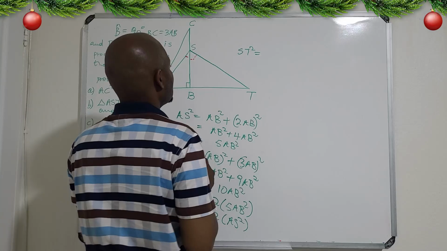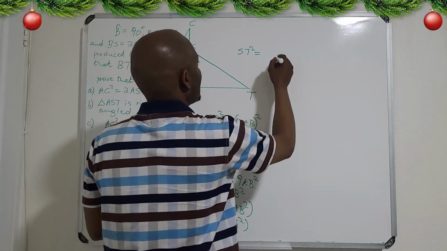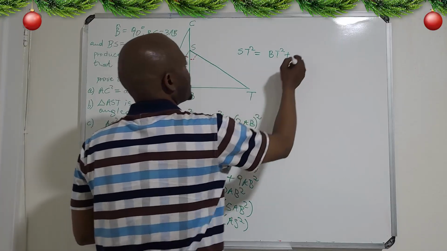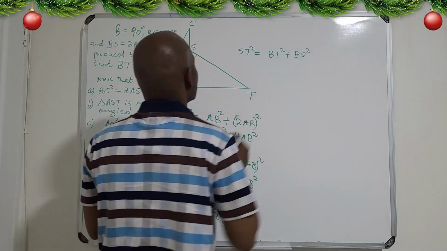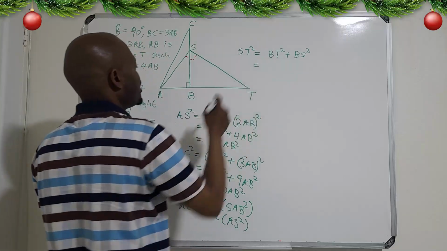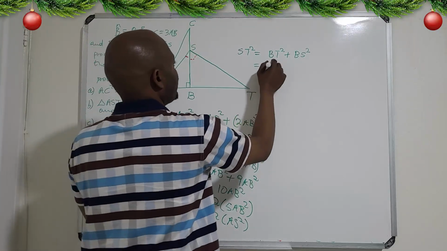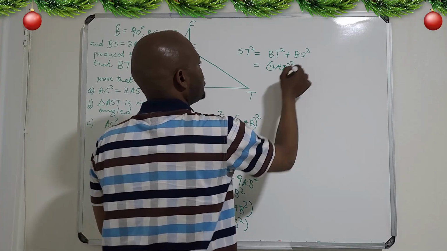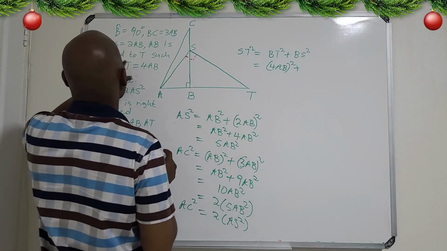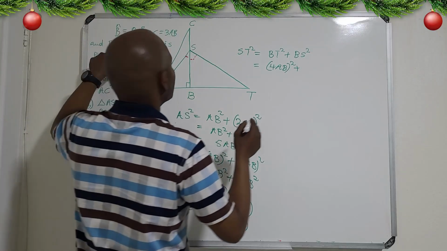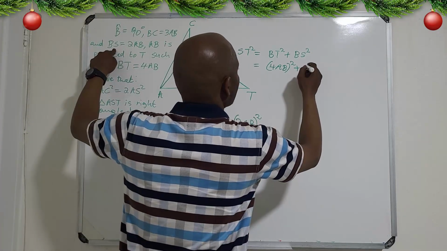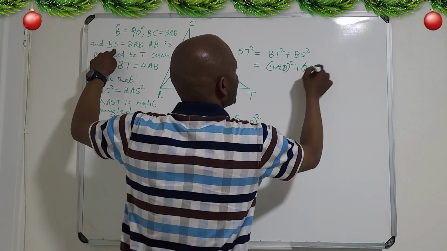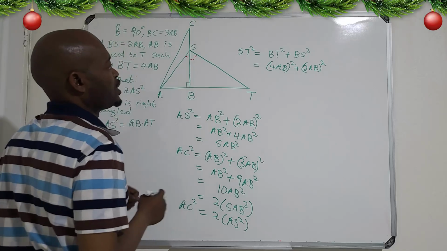ST squared is equal to BT squared plus BS squared. Now, BT we know is 4AB all squared, plus BS, which is 2AB, all squared.